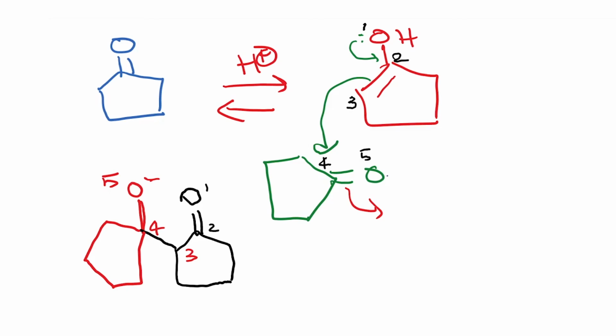The only thing that I sort of neglected to mention is that it's quite likely that under acidic conditions this is going to be protonated, so you'll end up with this OH over here and not the O minus. So this is the aldol product, which I'm going to draw again on the next page, and the aldol product can again do the same chemistry that we have looked at in the previous discussion.